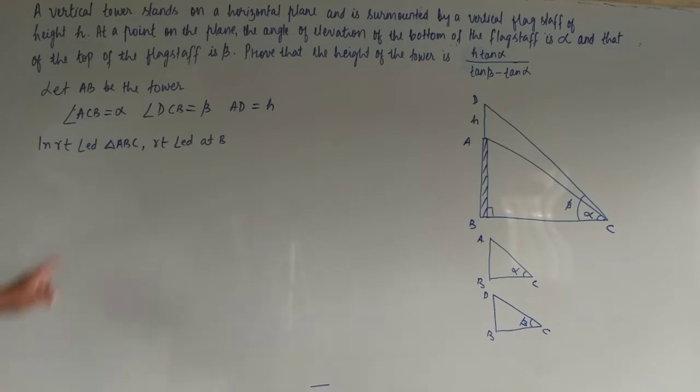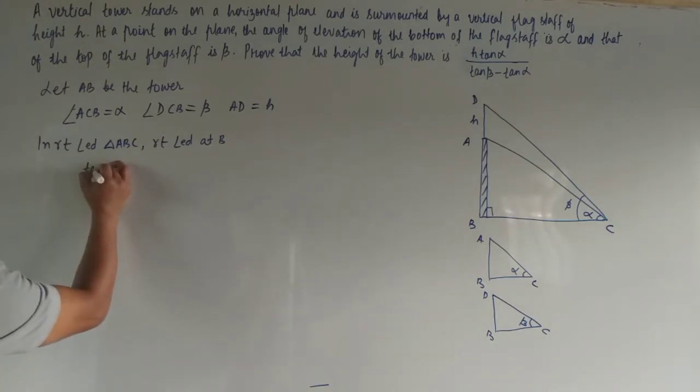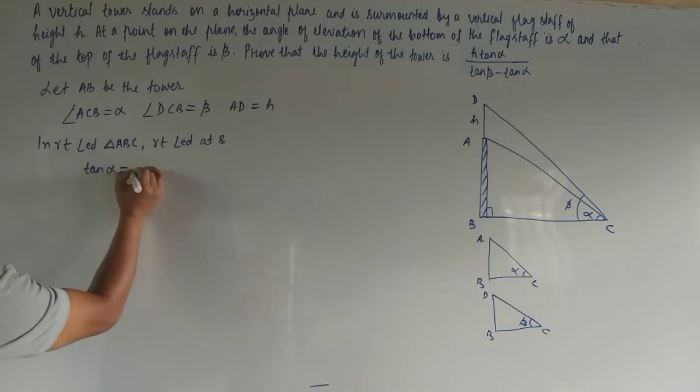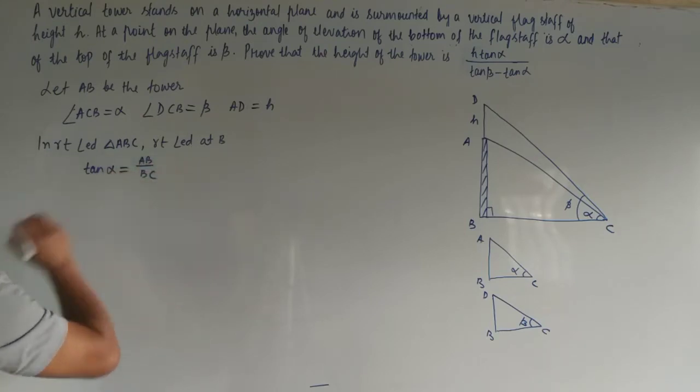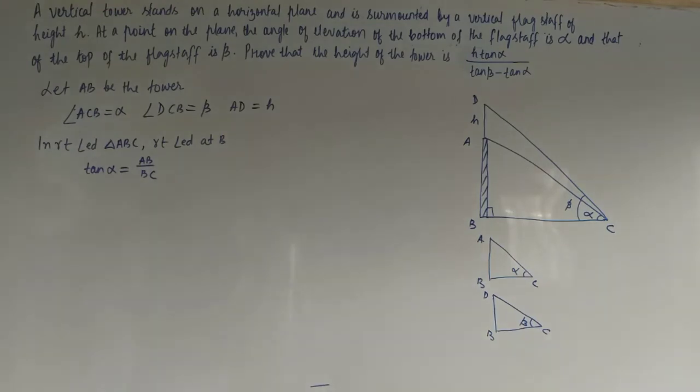So now coming back to the right triangle ABC, tan alpha equal to AB by BC. If you want, you can cross multiply on this side.